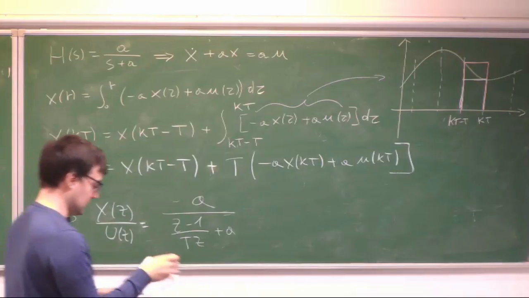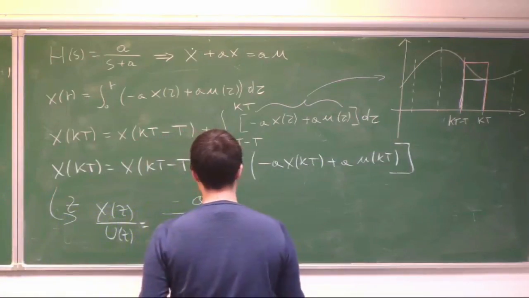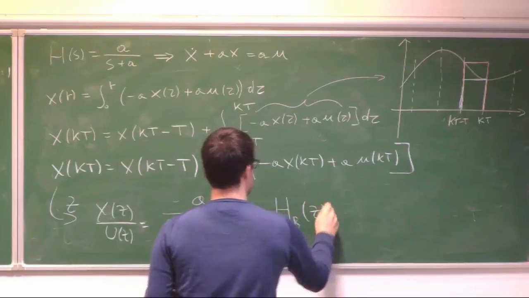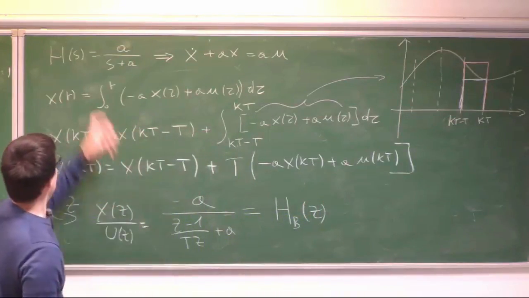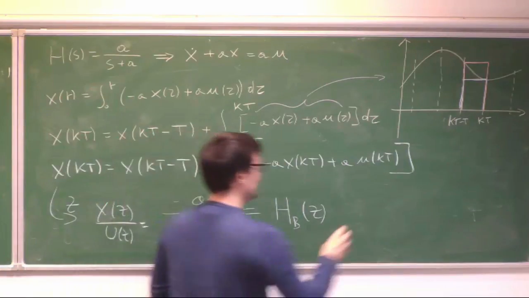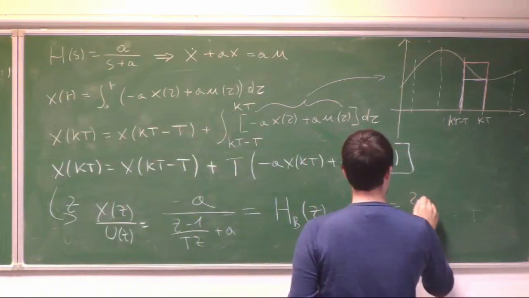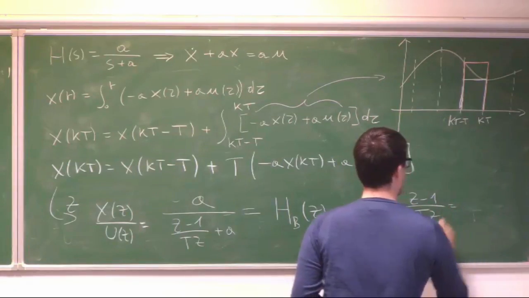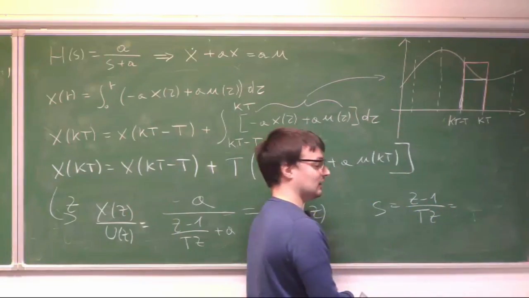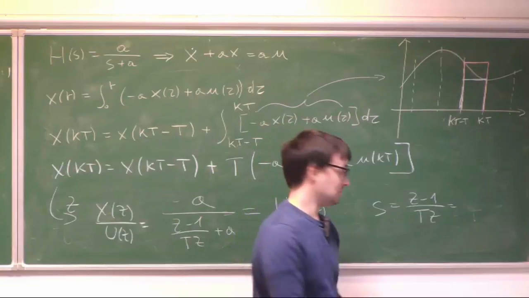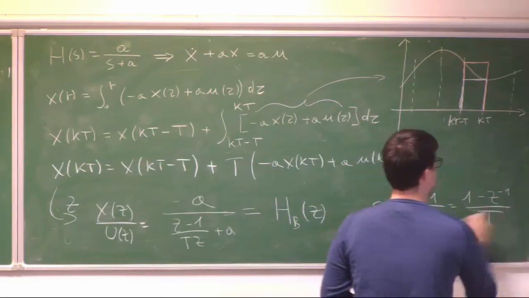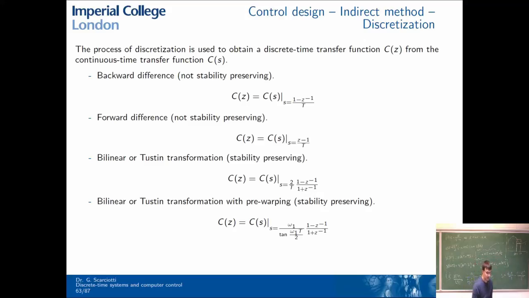You can write this and you obtain that, and we define this as H_B of z, and we compare the two transfer functions and we see that the rule this time is that s is equal to z minus 1 divided by Tz, or if we write this as a function of z to the power minus 1, is 1 minus z to the power minus 1 divided by T. Okay? If we look back, we have found the backward difference rule.